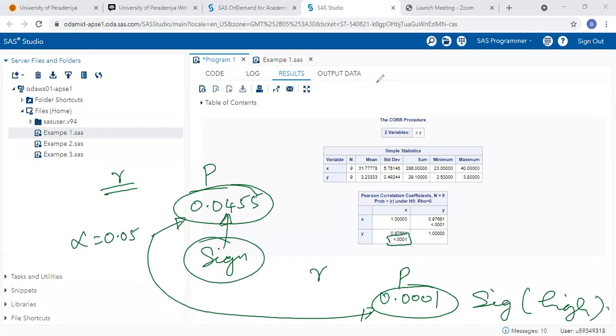Here we can say only significant, marginally significant, because it is much closer to the alpha value. So whenever the p-value gets smaller and smaller, the relative significance changes and becomes quite high, right?